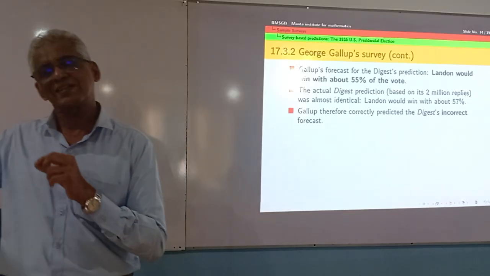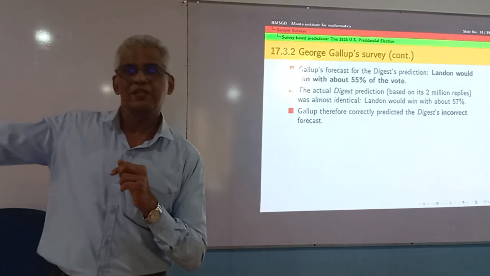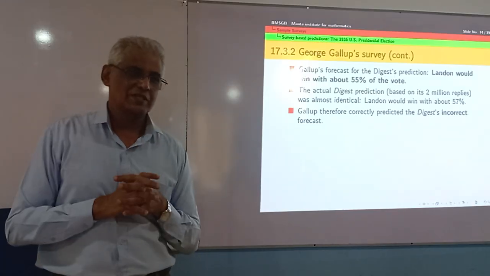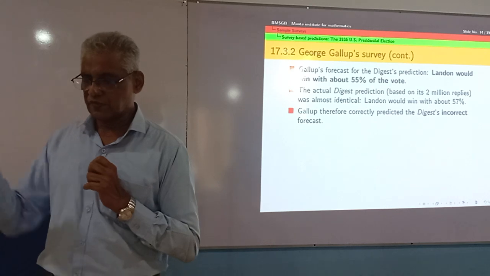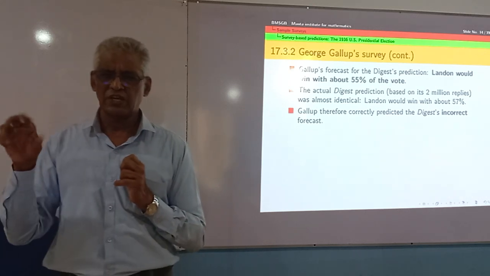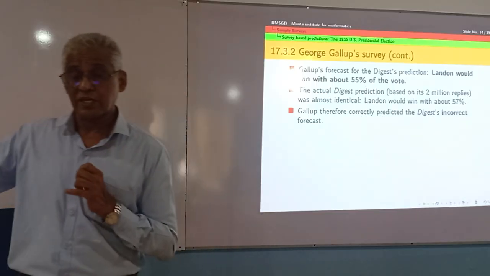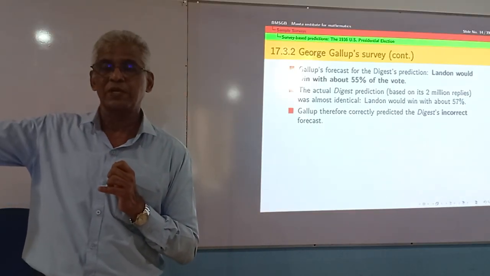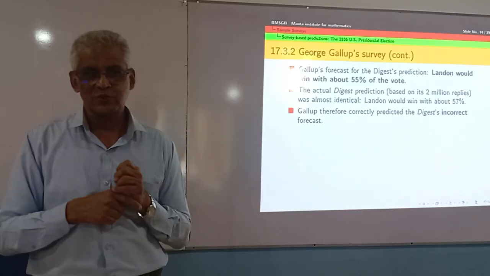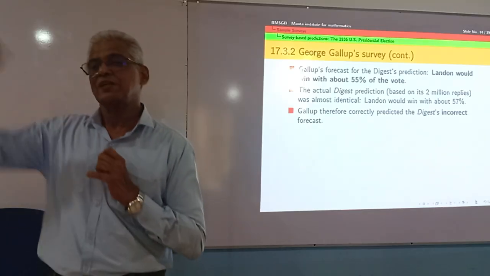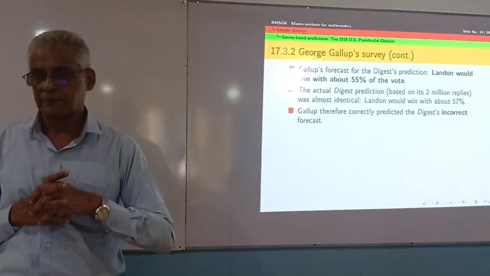So he predicted that the Digest would say Landon will win with 55% of the votes. But actually, the Digest prediction was not 55 but 57. So there is a very small difference, but the prediction was correct, because the Digest was going to predict that Landon would win. So he was pretty accurate.